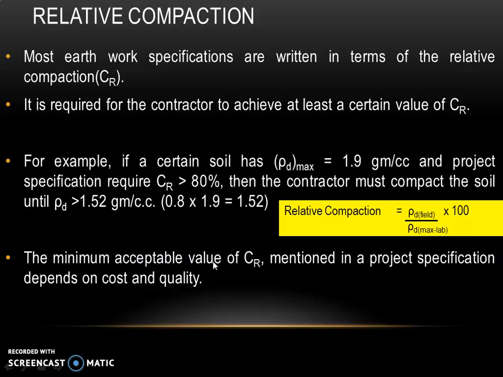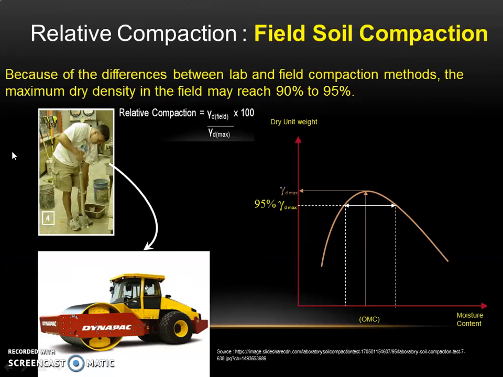The minimum acceptable value of relative compaction mentioned in a project specification depends on cost and quality of the project work. Because of the differences between lab and field compaction methods, the maximum dry density in the field may reach 90 to 95%.